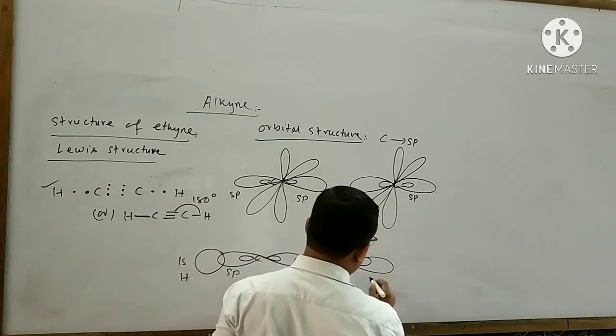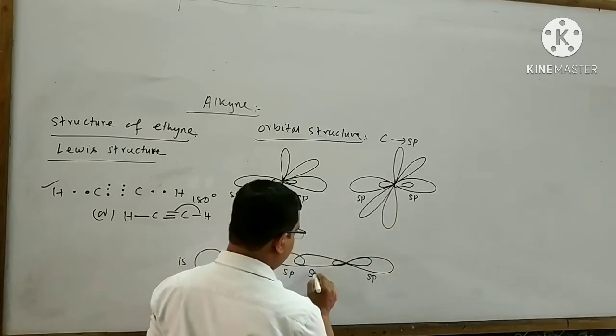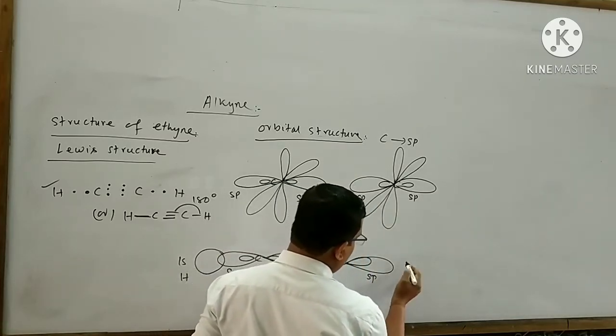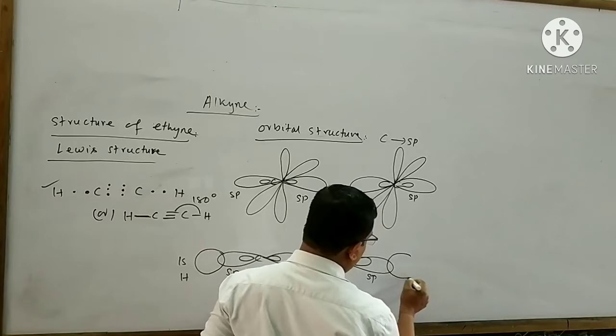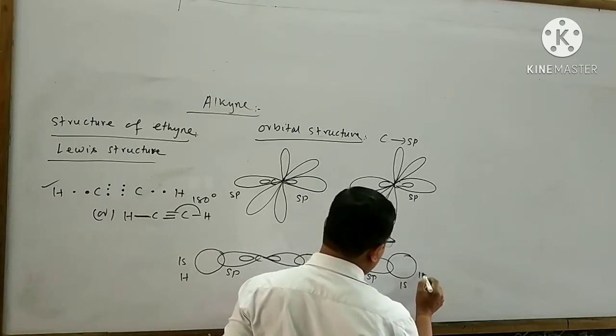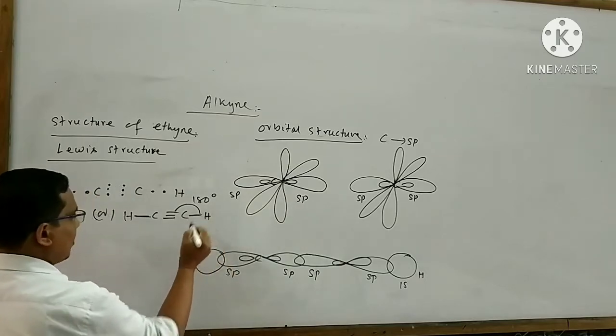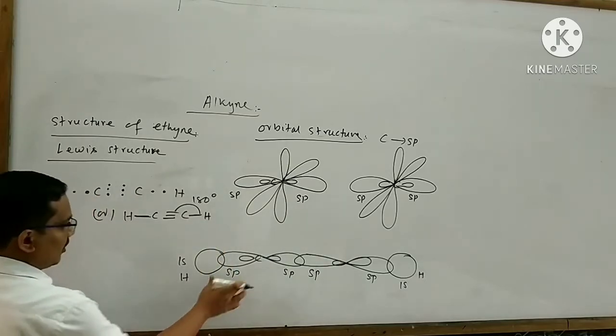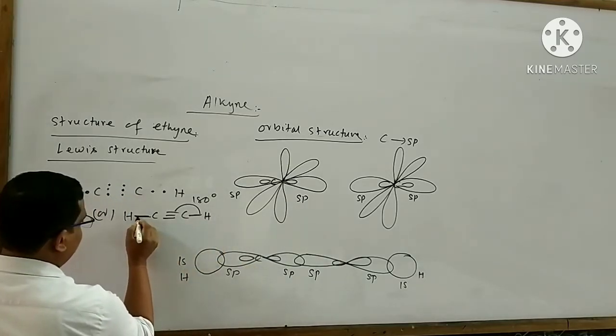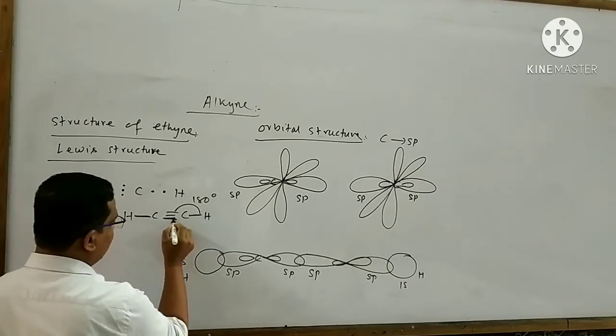Here also, this sp hybrid orbital undergoes head-on overlapping with the 1s orbital of another hydrogen atom to form this sigma bond.